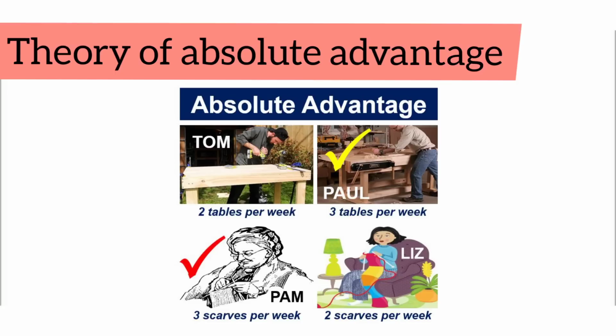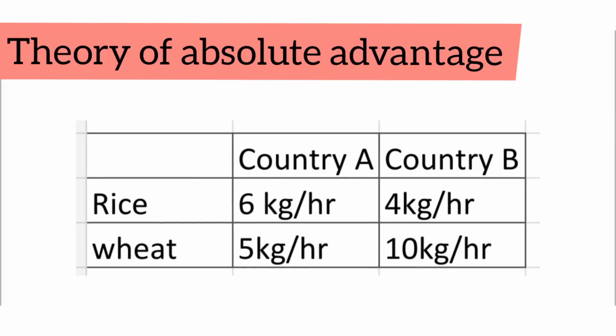So how will all the countries benefit? Suppose there is country A and country B, and the demand is for rice and wheat. First we will start with rice.